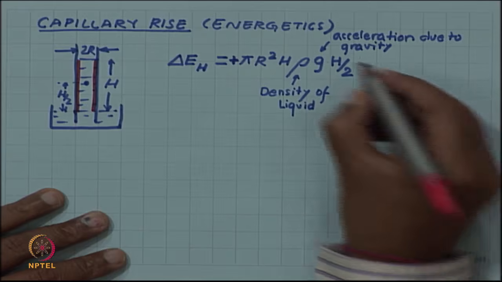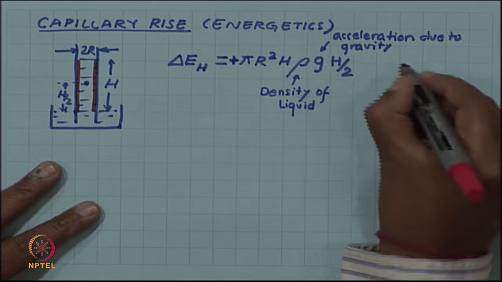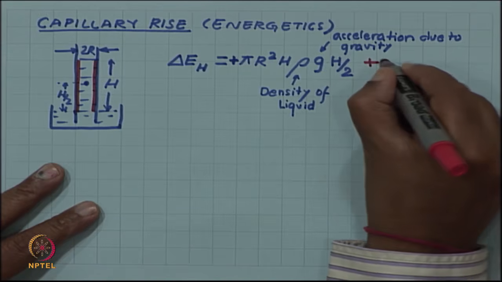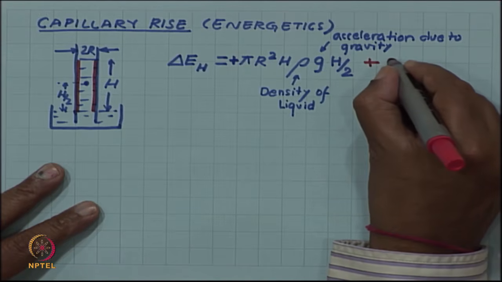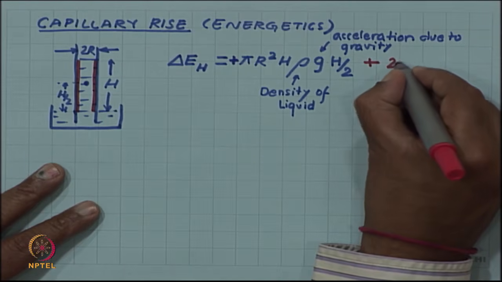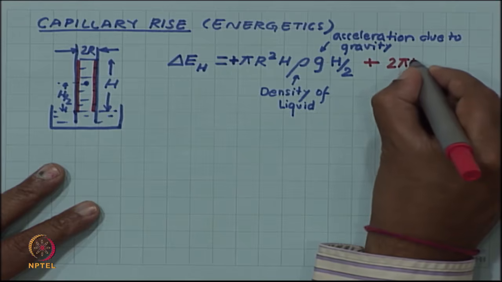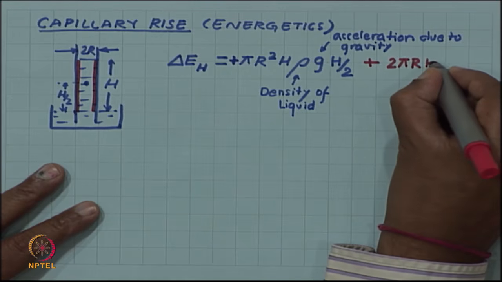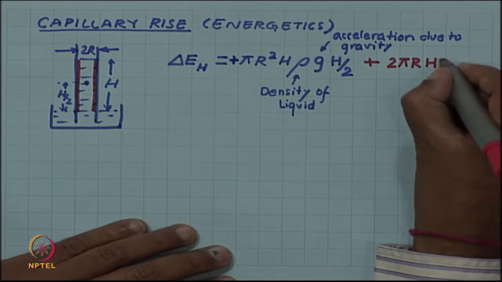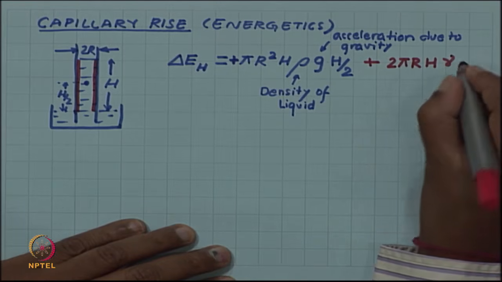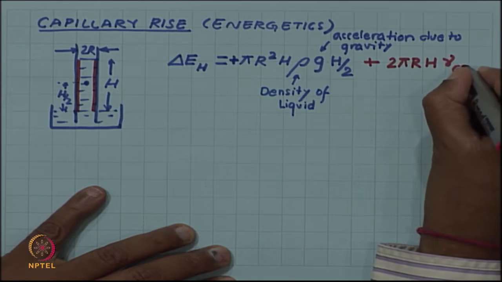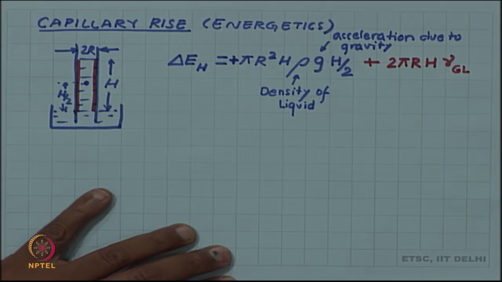So, we have two more energy terms here. We have one more additional positive term, and that is, if you look at the cylindrical surface area, 2 pi r into h is the surface area, times the surface energy per unit area of the glass liquid interface.